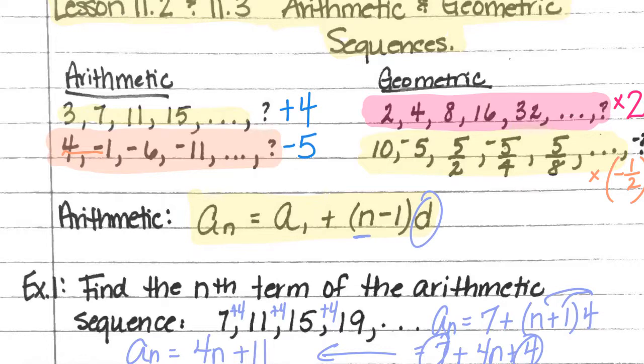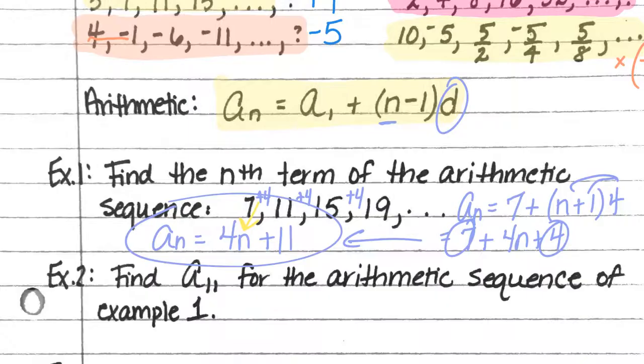Now this is great because they're going to sometimes say, hey, find the 25th term. So instead of putting an n, I can just put 25 in right there for n. Okay, so this is kind of an example of what you'll see. All right, so moving on, now in example 2, let's find the 11th term. Find a sub 11.